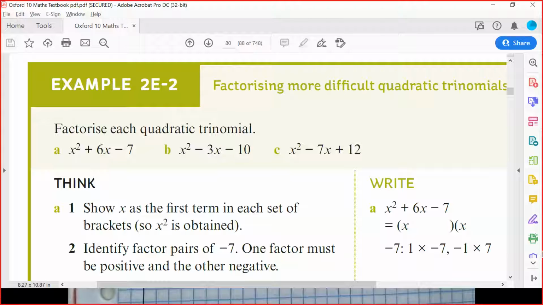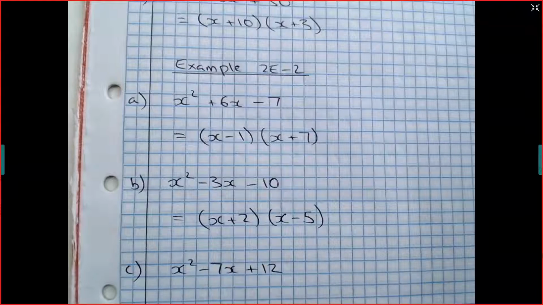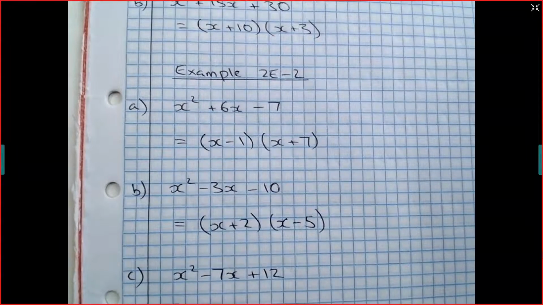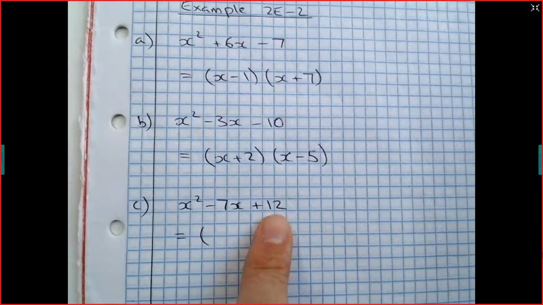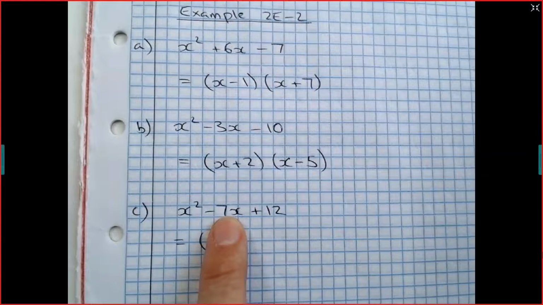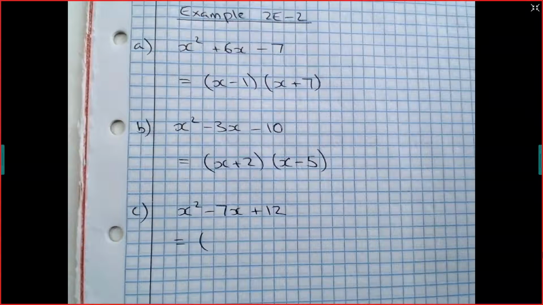Okay, and then there's one more. x squared minus 7x plus 12. So I'm going to look for a combination of numbers that when I multiply them, I get positive 12, and when I add them, I get negative 7. So multiply to get positive 12, add to get negative 7.